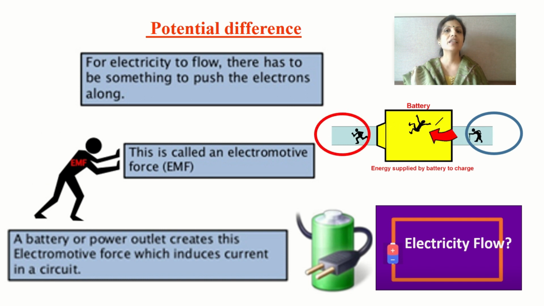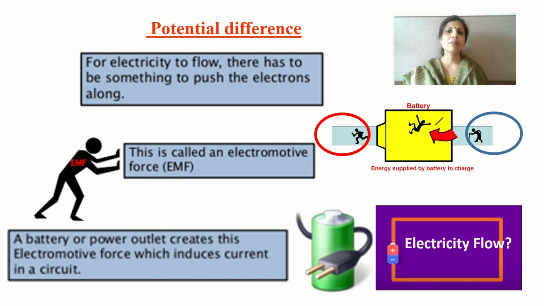That means they are flowing in one particular direction. So a battery or a cell plays an important role to create a difference in the concentration of electrons there. It applies more force to the electrons, and so the electrons flow in one particular direction.